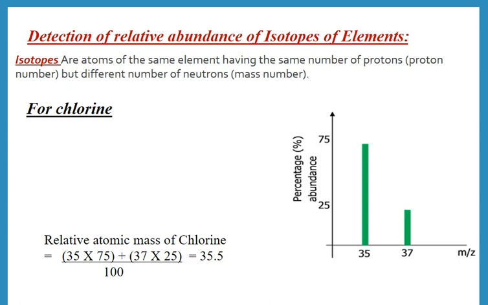So the first one has a mass of 35 and an abundance of 75, so it's 35 times 75 over 100, plus the other mass is 37, so it's 37 times 25 over 100, and this gives you a relative atomic mass of chlorine of 35.5, and that is what we have in the periodic table. So remember that we said the atomic masses in the periodic table are really an average of the masses of the different isotopes.